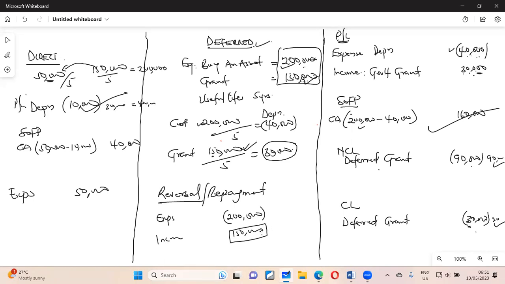And if you have to create a liability of paying the government, you debit this account to cancel this one off, and you create a liability of paying the 150 back to the government. Then when you pay, you have to credit your cash book and debit the liability of 150 that you have created. Okay, so that's that. So please, any question?